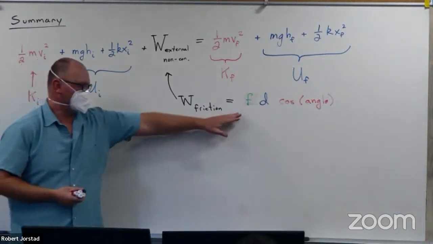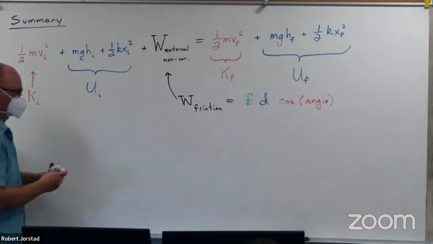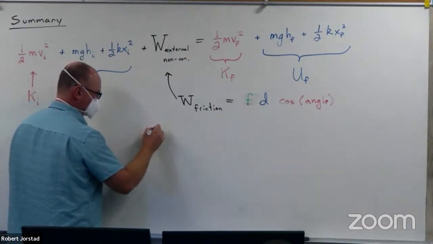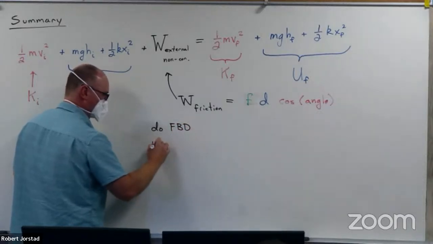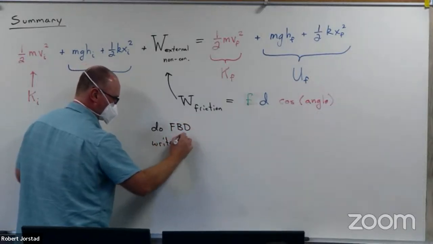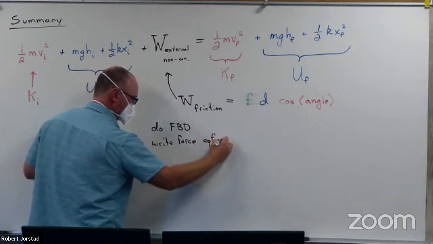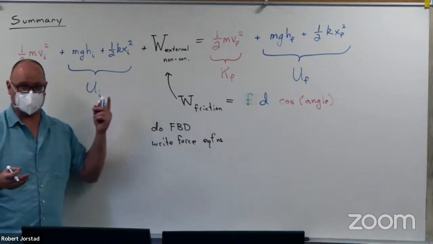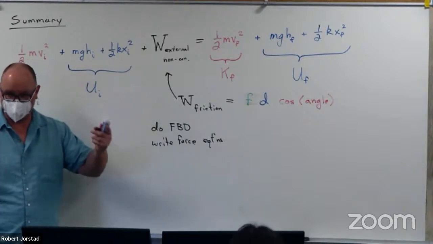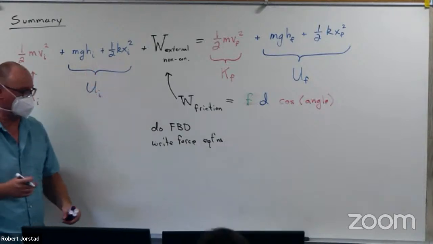If we're trying to get the work done by friction in this problem, the classic thing to do is do an FBD, write force equations. Usually for these problems, it's kinetic friction because the object's actually moving. We're talking about objects that are bouncing around and flying all over the place.